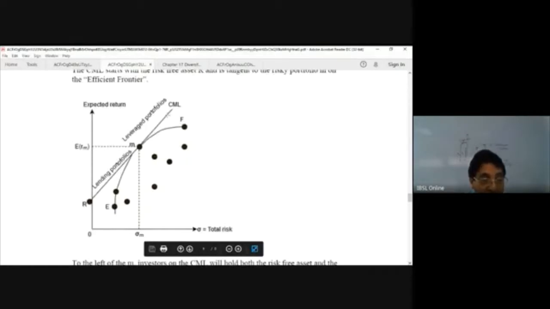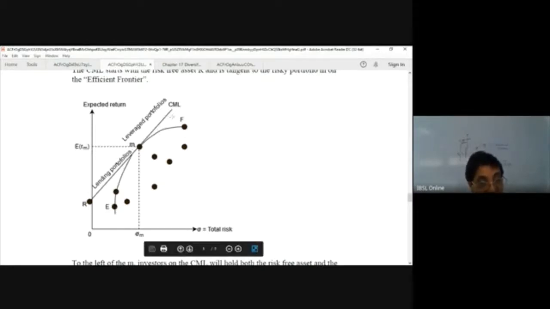Now, of course, this capital market line, or the efficient frontier of portfolios with risk-free assets, is being generated by adding risk-free assets to the risky asset portfolio. Now, which is called the capital market line.